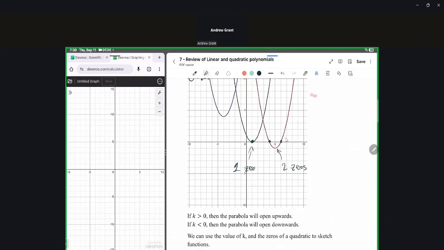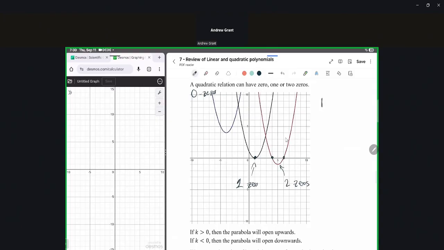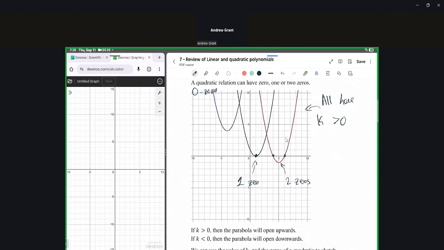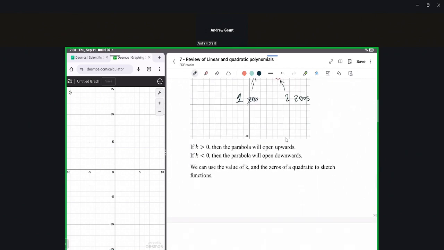So for all of these quadratics, they all have a K value greater than 0. So K could be 1, 2, 3, 0.04, and so forth. If I had to look at this, it looks like K is equal to 1 for all of these. Okay. So we can use the value of K and the zeros of a quadratic to sketch functions, not to graph them, to sketch them.